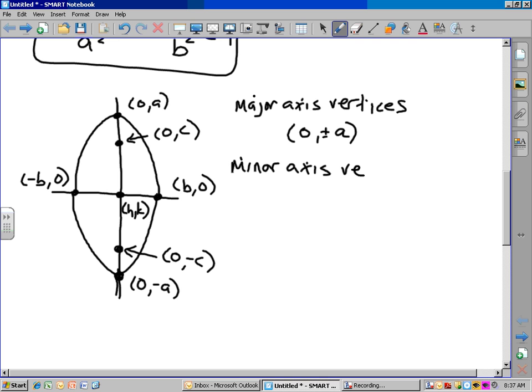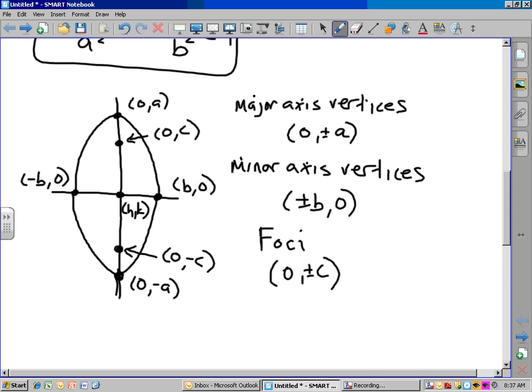Minor axis vertices (plus or minus b, 0), which is the opposite of the last one. Foci (0, plus or minus c). Again, opposite of the last one.